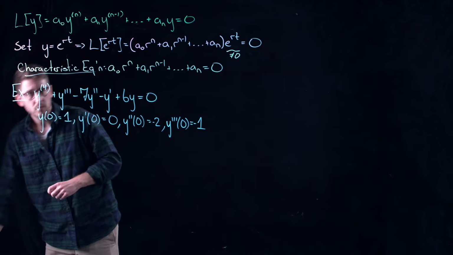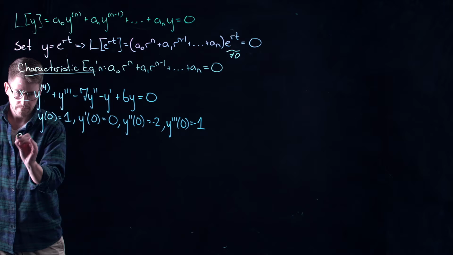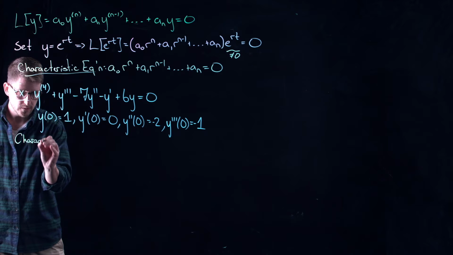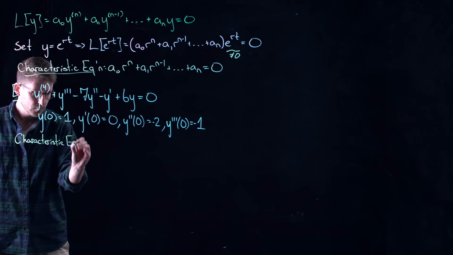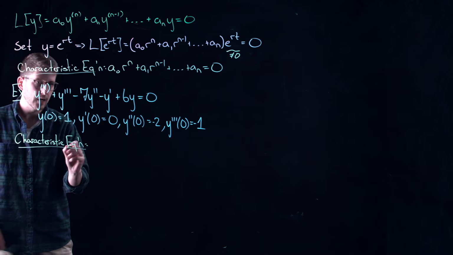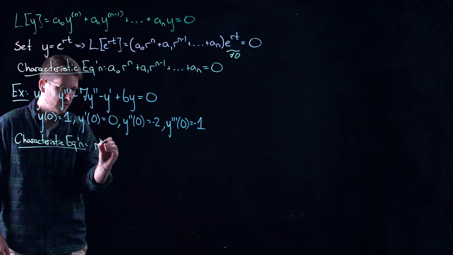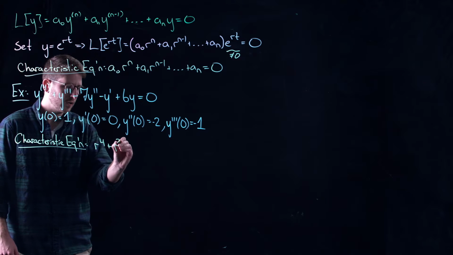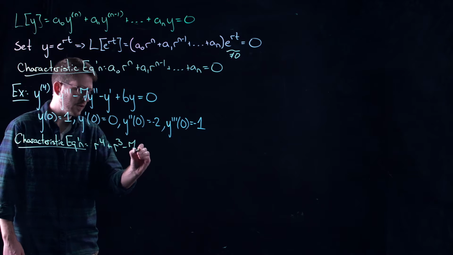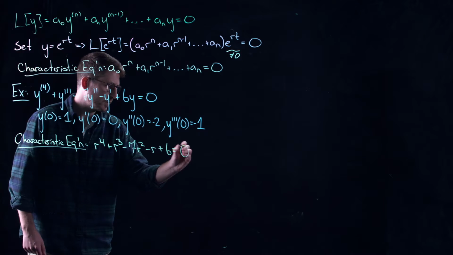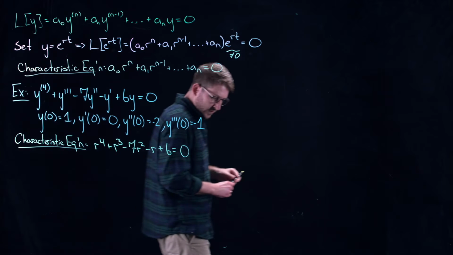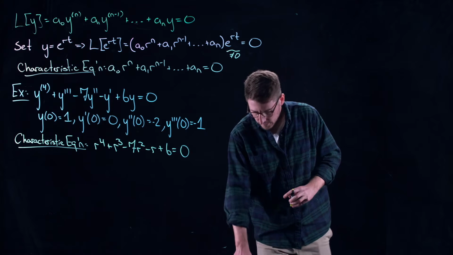So first off, what is the characteristic equation? Well, putting in e to the rt into this thing gives me r to the 4 plus r cubed minus 7r squared minus r plus 6 is equal to 0. Now, you might remember how to solve these things.